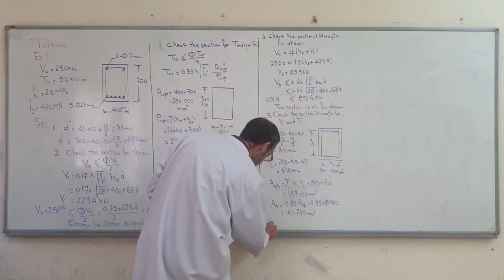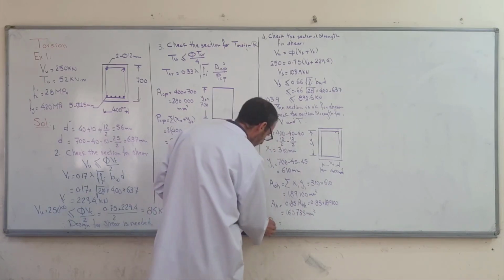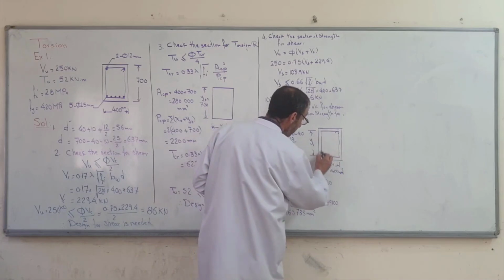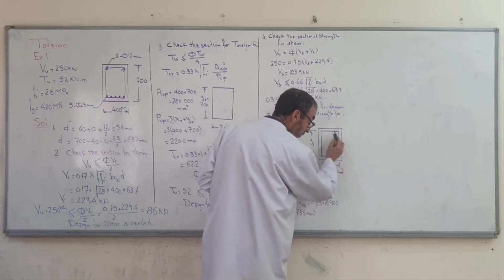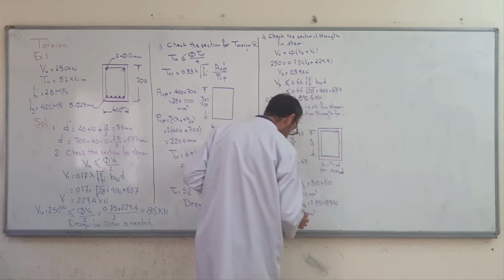Now I require ph, the perimeter of the hoops, enclosed with the hoops, the stirrups, the web reinforcement.